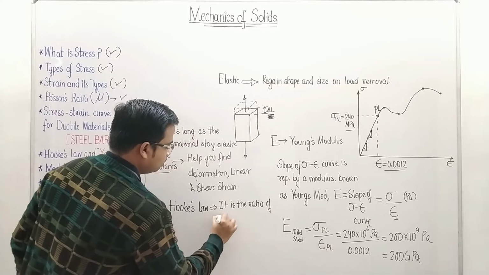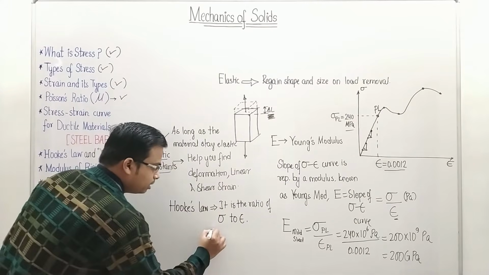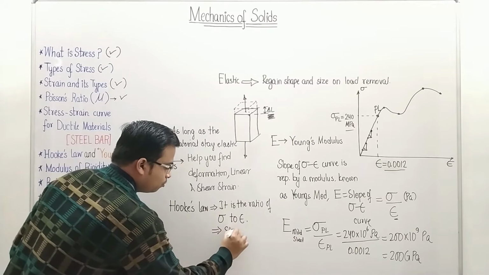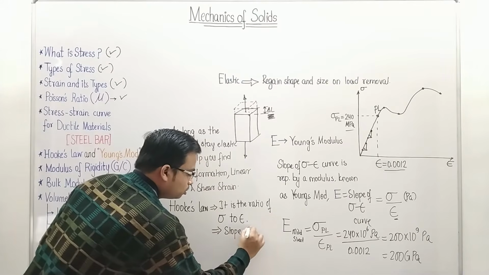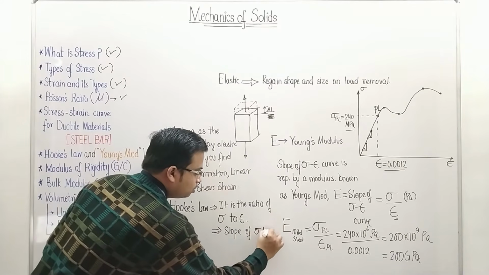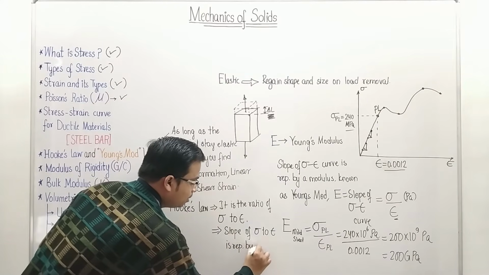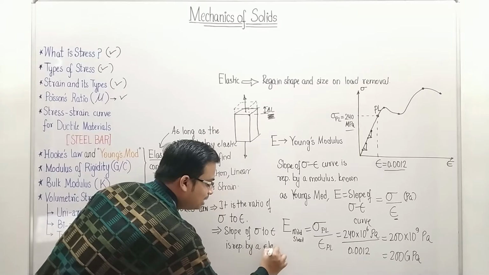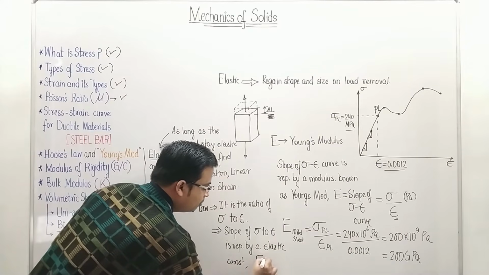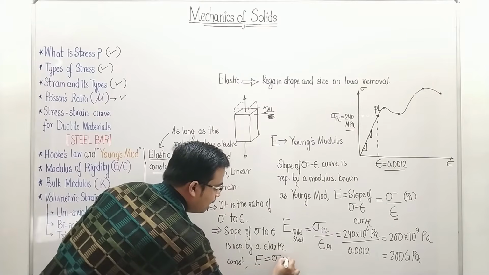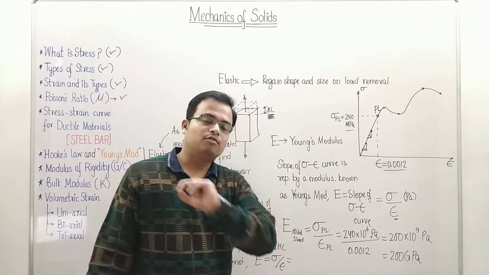You can also conclude that, from Hooke's law, the slope of stress to strain is represented by a modulus, or by an elastic constant, which is represented by E, which is equal to stress upon strain, and the value of E that is worked out for a mild steel is equal to 200 gigapascal for sure.